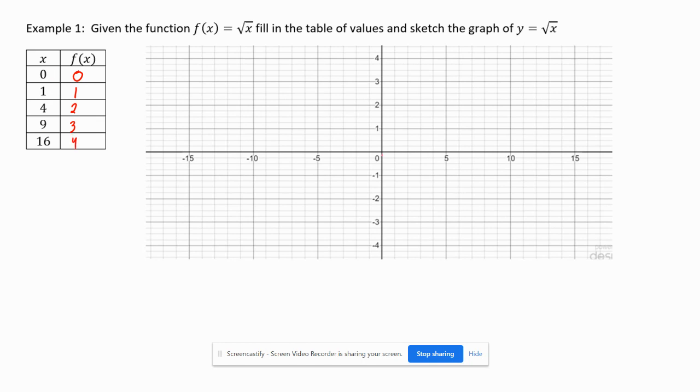So this graph is going to look something like this, like that, okay? So this is the radical function, like that, okay?